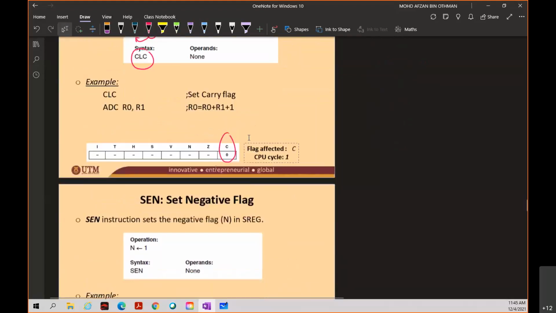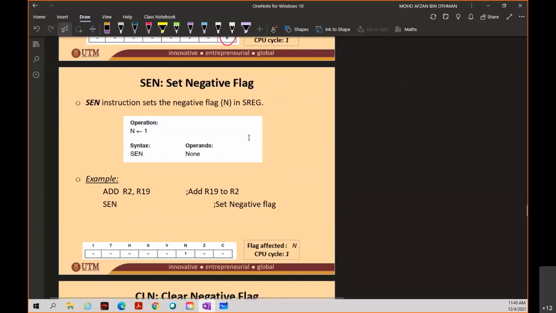Then we have the SEN. The SEN stands for set negative flag. You're going to make your N flag equal to 1. You just simply use the SEN. Or if you don't want to use the SEN, you can use the bit set instruction as well, where you need to put one number here so that your N flag equals 1.